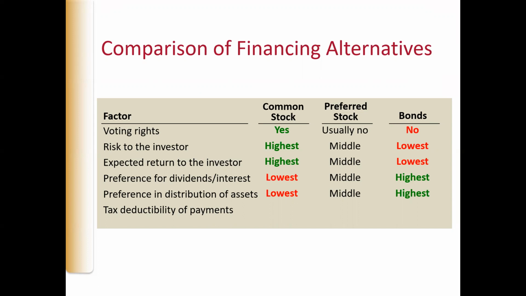Know that if there's preferred stock, they receive dividends prior to the common shareholders. And this stock isn't as risky as common stock can be.